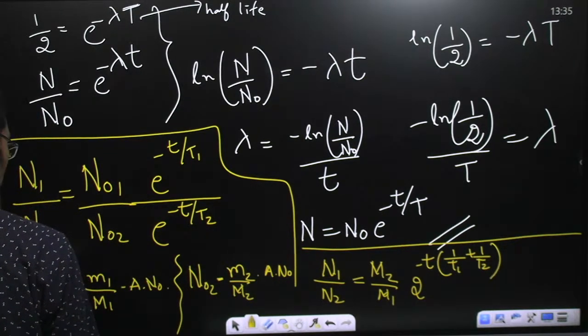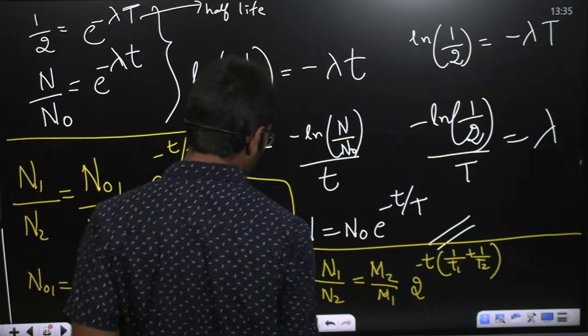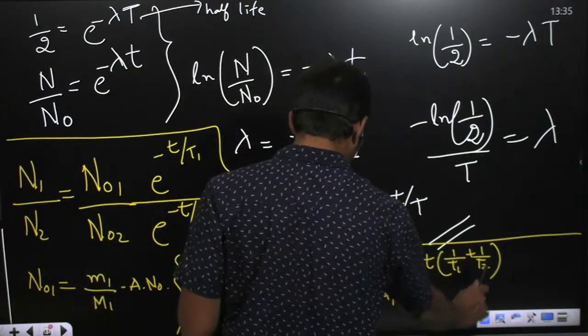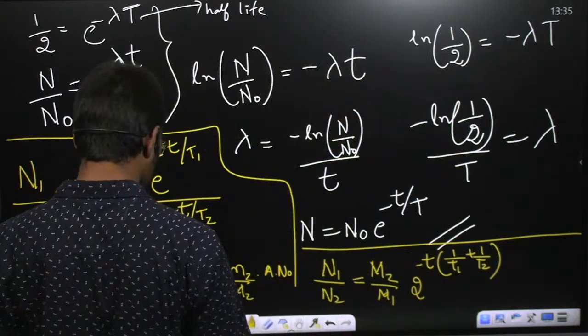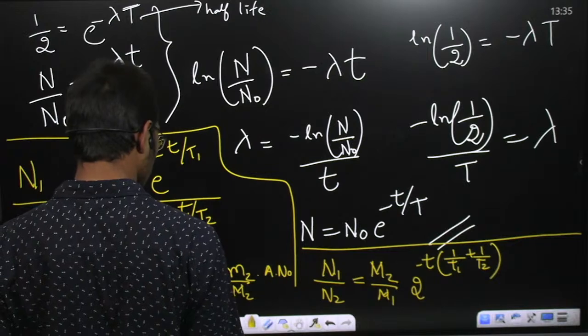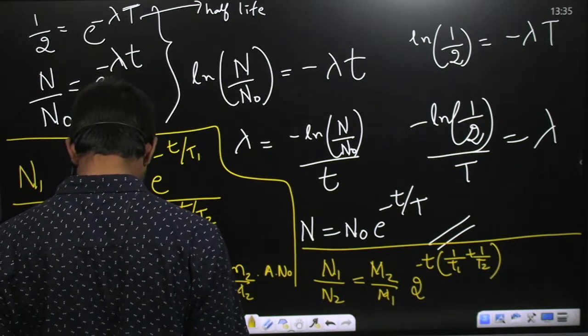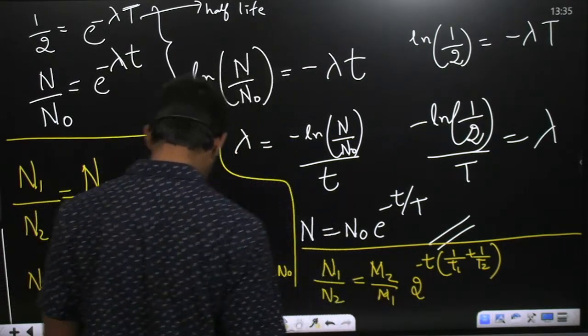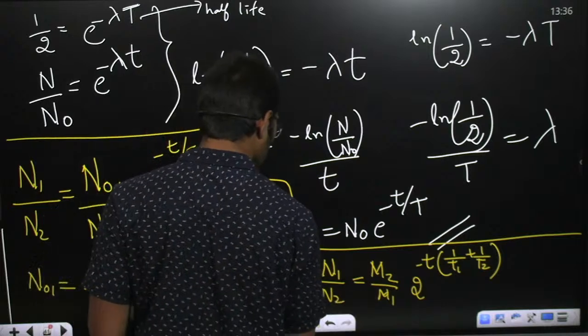We know T1 is given as 4 seconds half-life, T2 is 8 seconds, and M2 by M1 is 2:1. After time t of 16 seconds, what is the ratio N1 by N2?